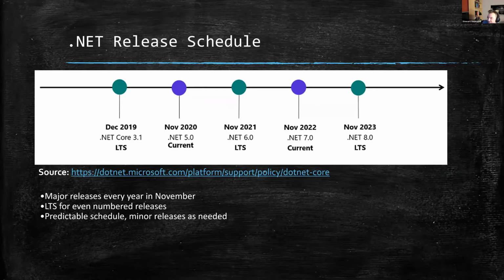Every even-numbered release will be an LTS release, so long-term support, and a long-term support release is good for 3 years. The current release, which is the odd-numbered releases, are going to be supported for 3 months following the even-numbered LTS release.